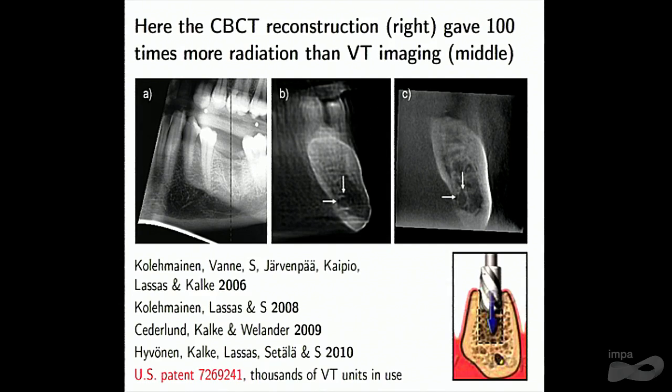So the point here is that we can give the dentist the crucial piece of information by reducing the radiation dose by a factor of 100. Also using the machine that's already at the clinic. The doctor doesn't have to buy a cone beam CT that can cost like 100,000 euros or several 100,000 euros and find space for a big machine. They can just make a software upgrade to the machine that's already at the clinic.